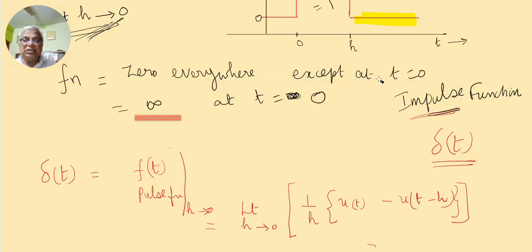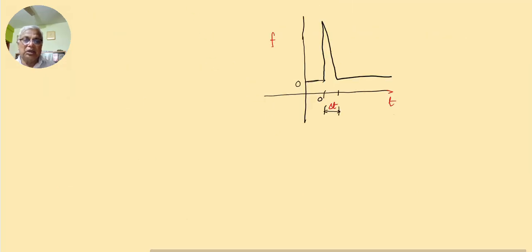So we can practically visualize this as a function which suddenly rises to a very high value at t equal to 0 and instantaneously returns to the original value, which is 0, in a very brief interval of time delta t. This delta t should tend to 0.